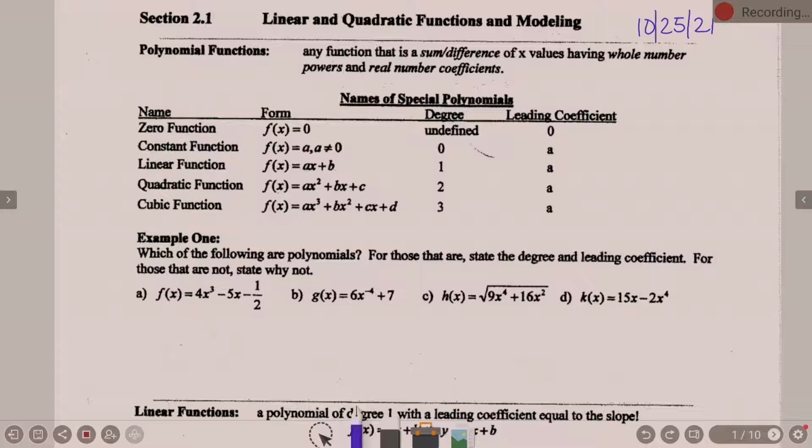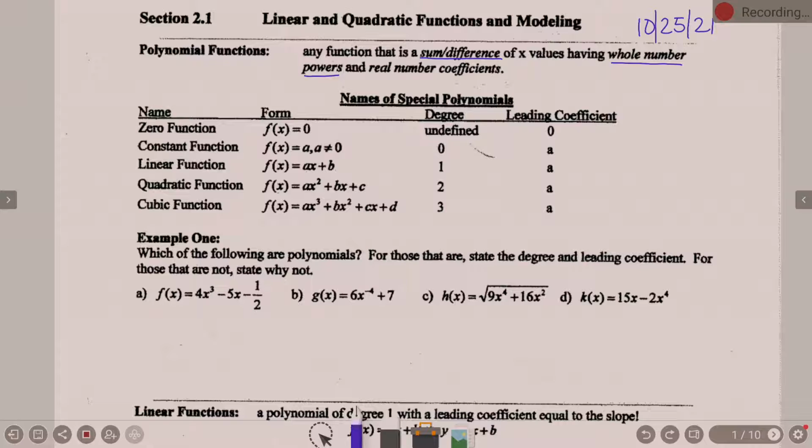Notice it says it's a sum or difference of x values, so there can be terms added or subtracted together. They can only have whole number powers. So when we talk about whole number powers, keep in mind, what is a whole number? Whole numbers have to be what?